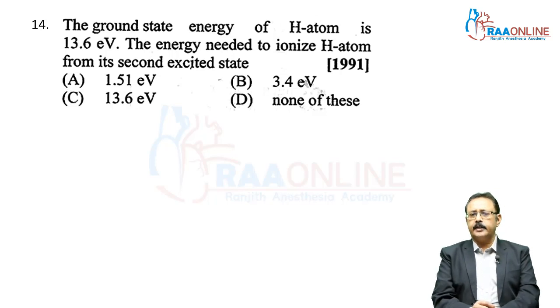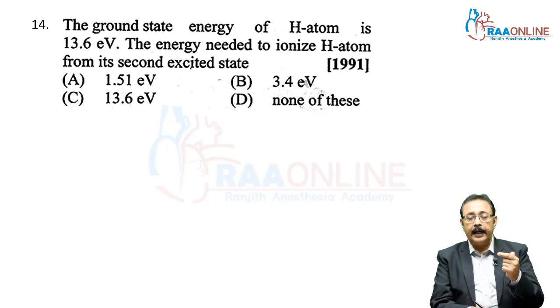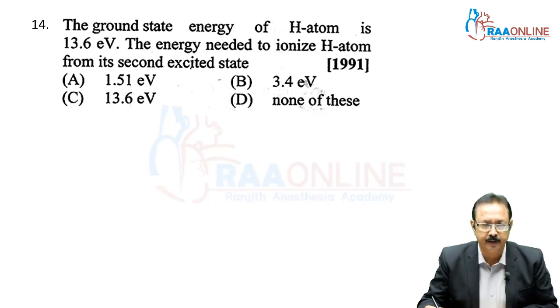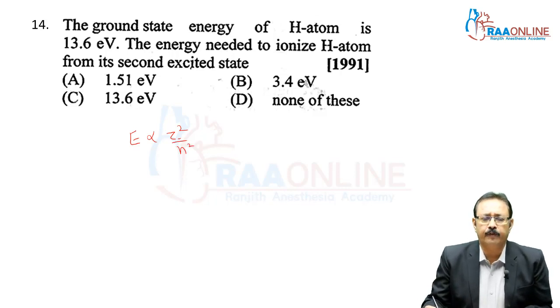14th. It is from 1991 AIPMT. The ground state energy of hydrogen atom is minus 13.6 electron volt. The ionization energy of hydrogen atom from its second excited state. Second excited state means electrons are in the third orbit and energy is proportional to Z square by N square. It means for a particular atom, the product of E and N square should be constant.